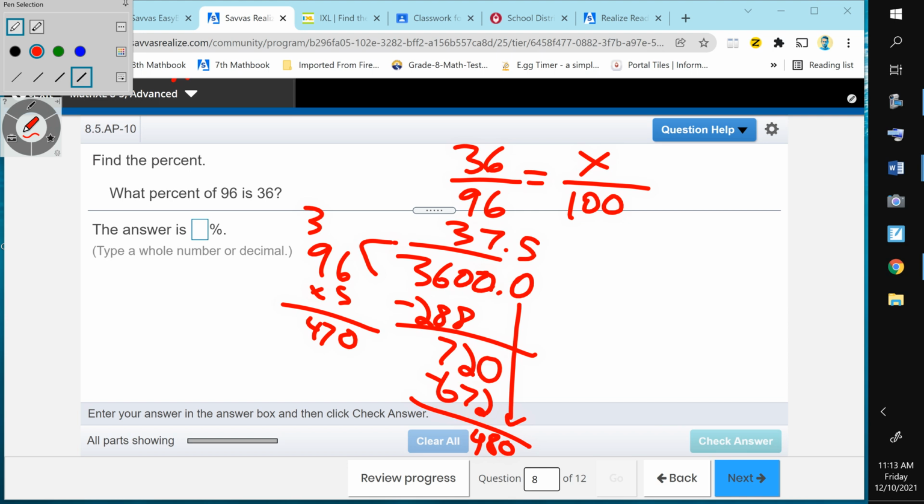Hmm. 470. Give me a remainder of 10. There's no way this question is this long. Add a 0. Add a 0. I think I messed up. I have no idea.